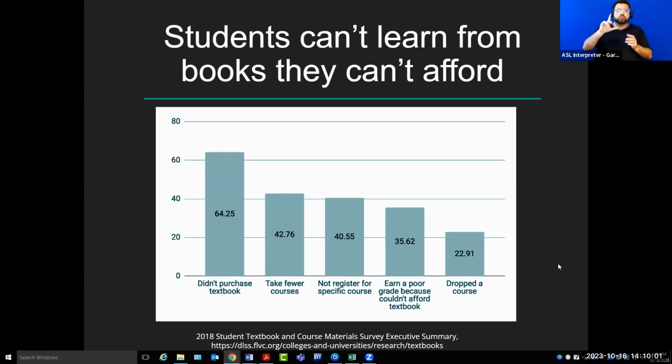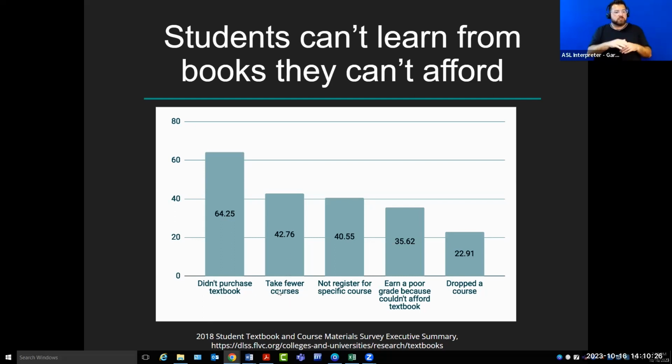And this is not only community college students, but all university students. They surveyed students, and of the students that were surveyed, 64.25% of them didn't purchase a textbook at some point in their academic career. Okay, so well over half.